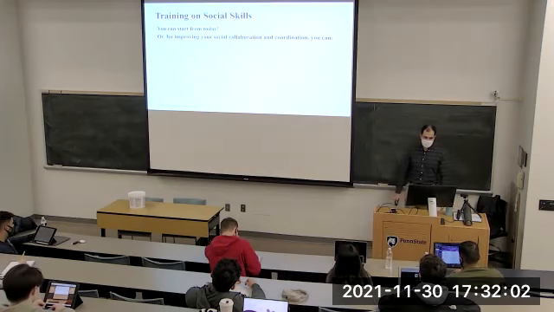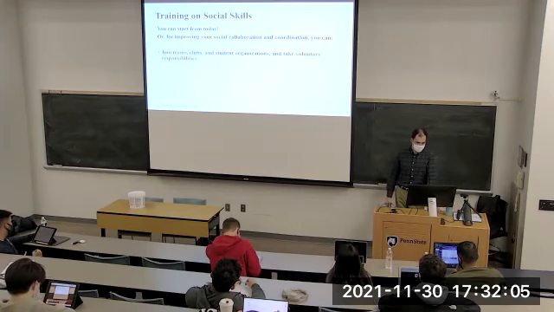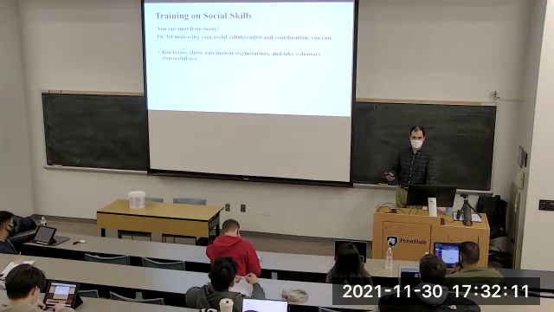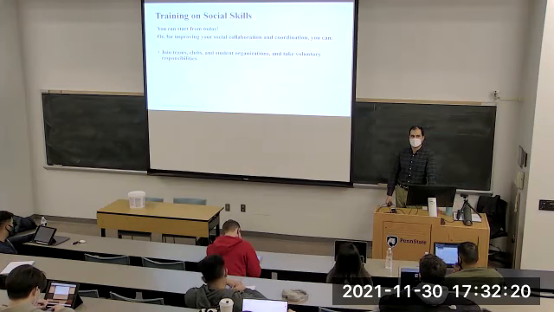Another example for improving your collaboration and coordination: I know that some of you are members of student clubs or student organizations. These are some voluntary responsibilities that you can have to improve your social skills.